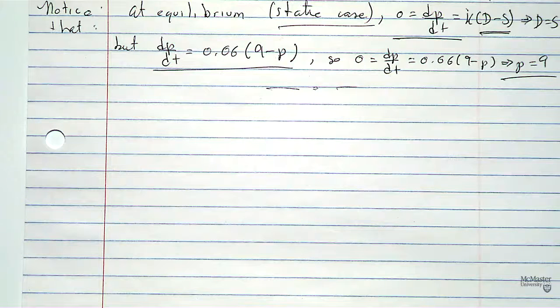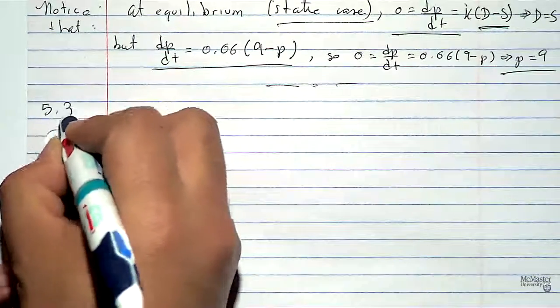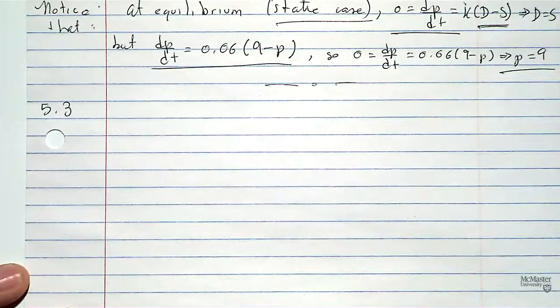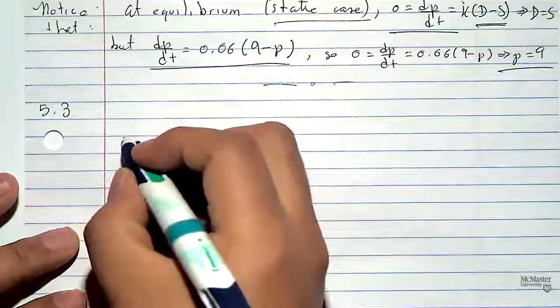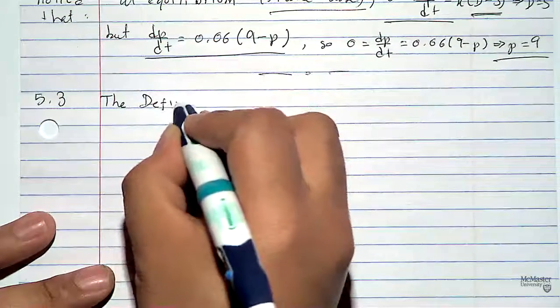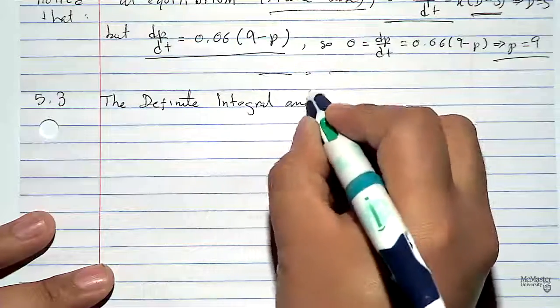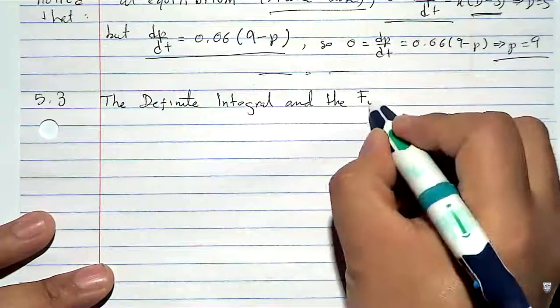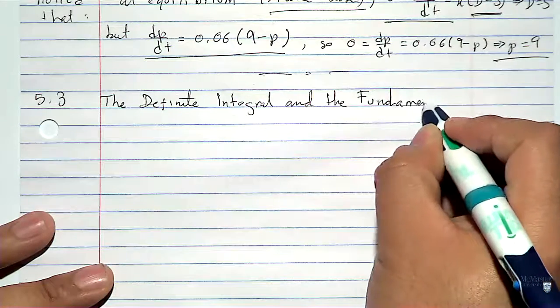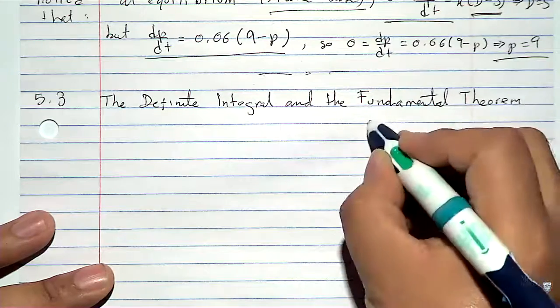And now we'll talk about the definite integral. And this is related to the intuitive idea that the integral is related to the area under a curve that I mentioned yesterday. So we'll start a new section, which is called definite integral, and the fundamental theorem of calculus.